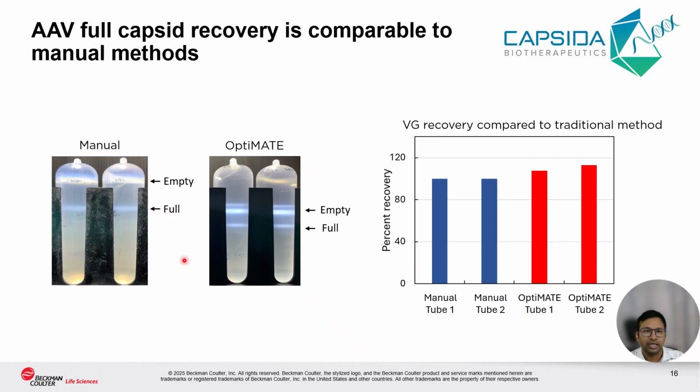And while I'm unable to share actual parameter numbers, you can see a faint additional band for the full capsid here as well. So they tested their viral genome recovery and find it comparable to their manual method, despite a shorter ultracentrifugation runtime enabled by a preformed gradient.